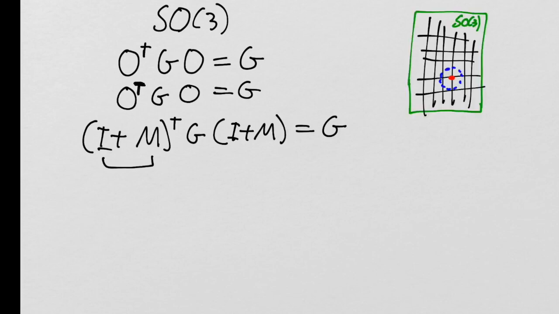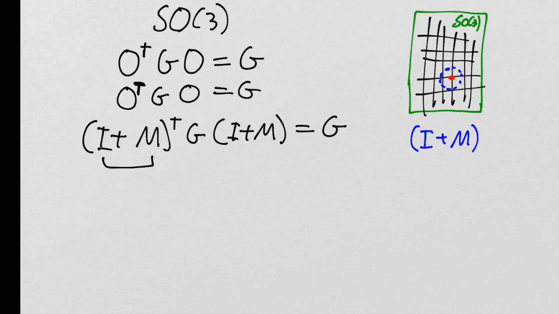To simplify our little pictures, we're going to consider the group with its manifold base coordinate system, some identity element indicated here in red, and then some small neighborhood around that identity element. All of the matrices in there are understood to be the identity matrix plus some element of the Lie algebra.